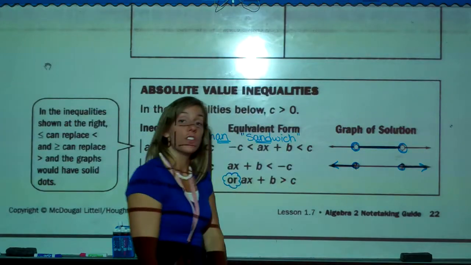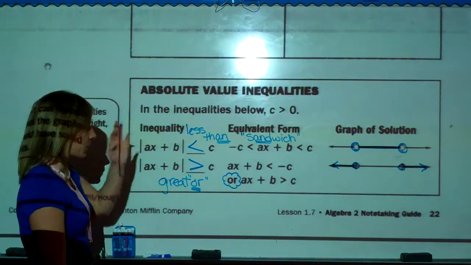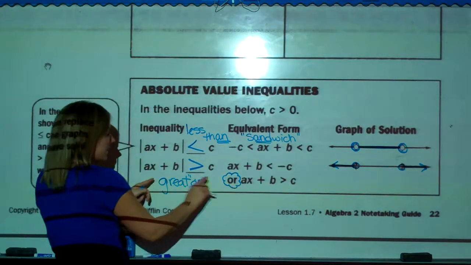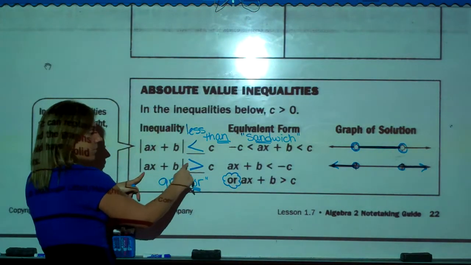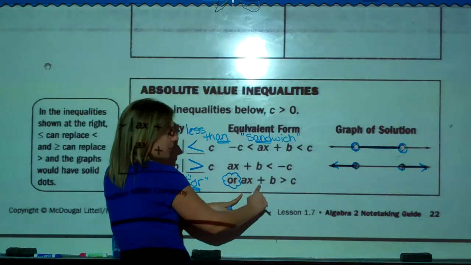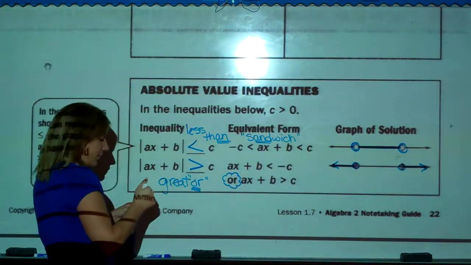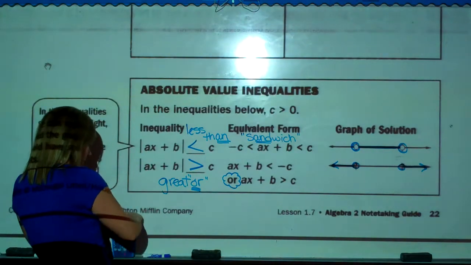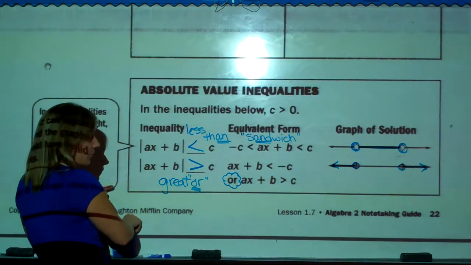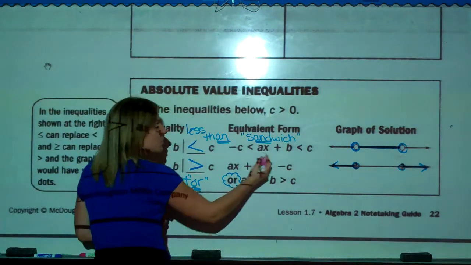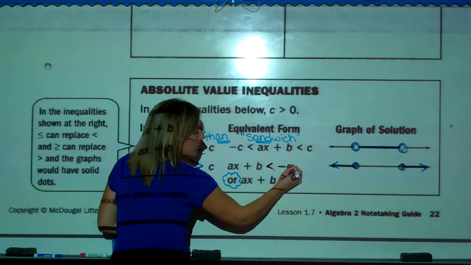Okay? Now, just be careful. The only extra thing with greater is that the positive version looks exactly the same. AX plus B is greater than C. But when you set up the negative version, if you look carefully, you also do the opposite symbol.